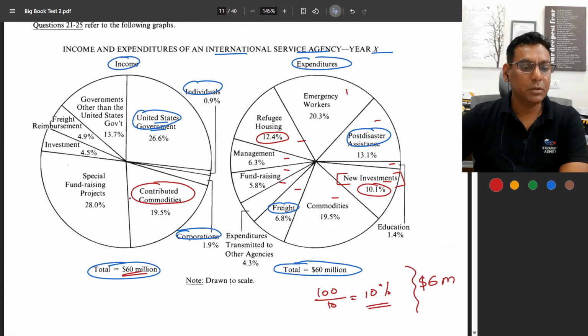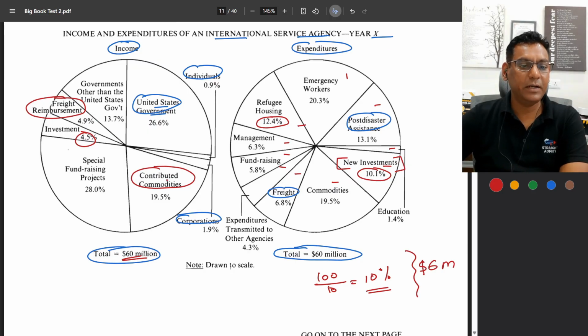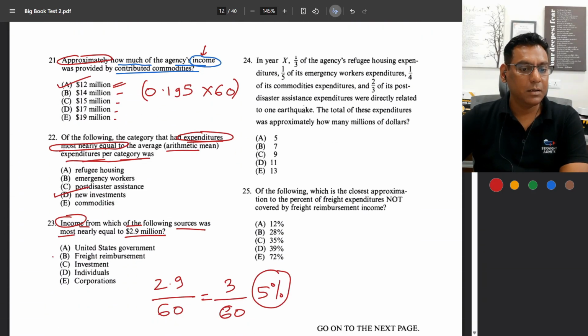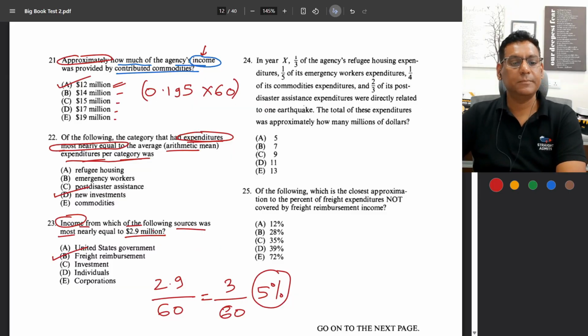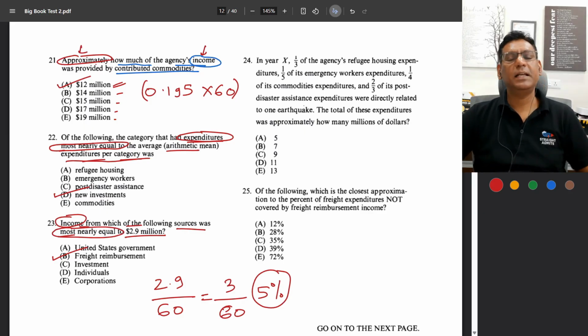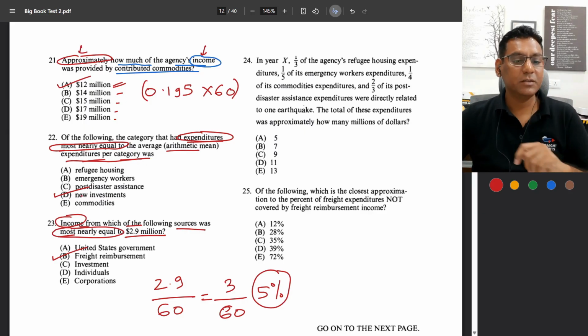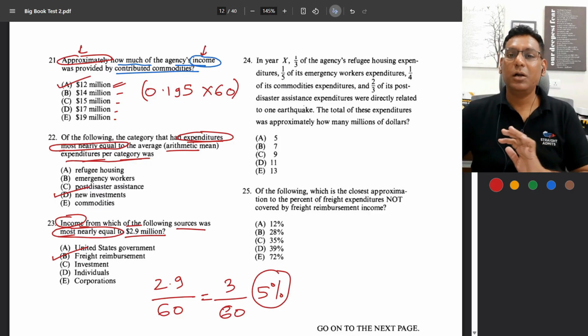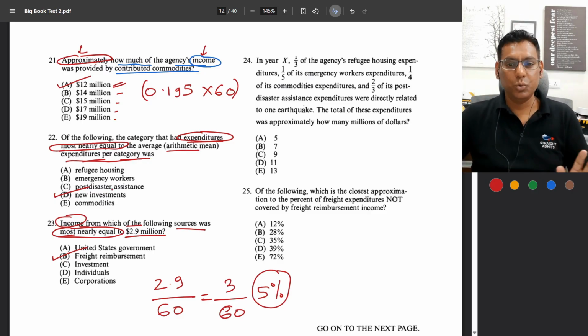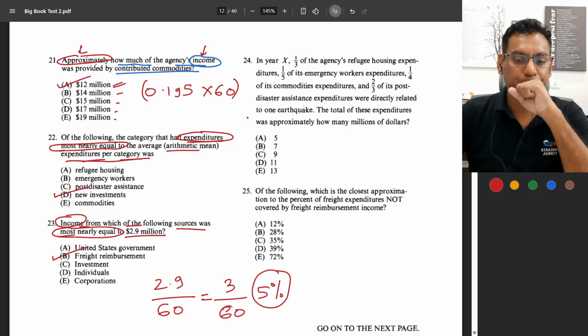Freight reimbursement, right? This is quite less, not as close as this. You can do the math again just to verify, but freight reimbursement is going to be the closest answer. Look at the language, most nearly equal. That's basically the clue here also. Approximately, that's the clue that we can rely on approximations. They are going to pick numbers that are not going to match so closely, so don't really worry about that.